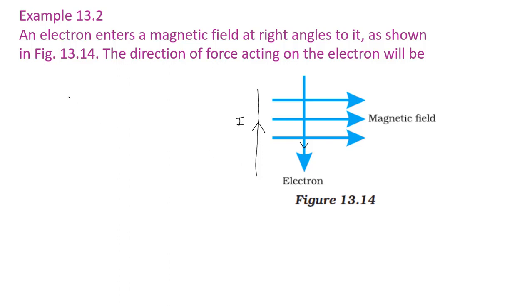Now if we use our left hand rule, according to that rule, if you put your middle finger vertically upwards and index finger towards the right side, you will find your thumb is pointing inwards. So the force on this electron will be inwards.